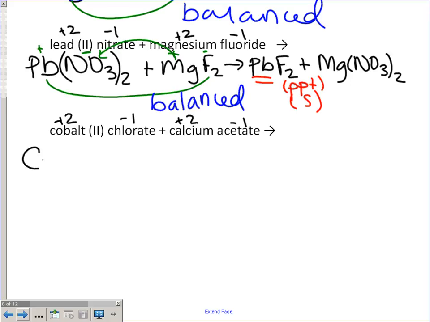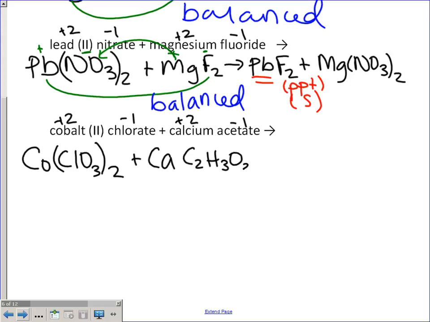So cobalt, abbreviation Co, chlorate, ClO3. This 2 from cobalt needs to distribute to all of chlorate, so I'm going to put chlorate in parentheses, plus calcium acetate. Again, the 2 from calcium needs to distribute to all of acetate, so I put a 2 in parentheses there.